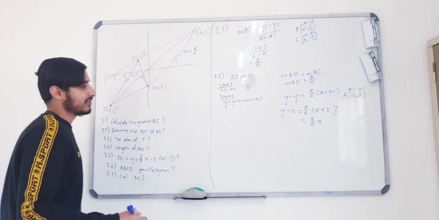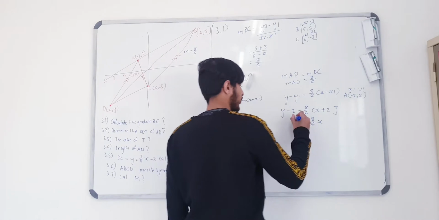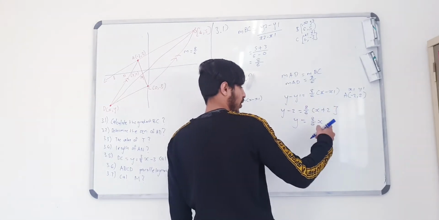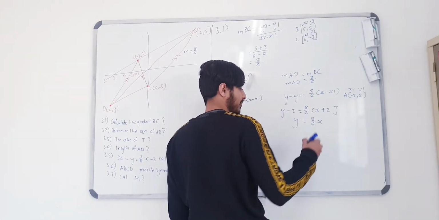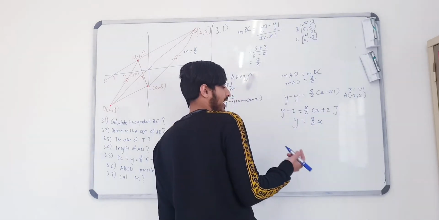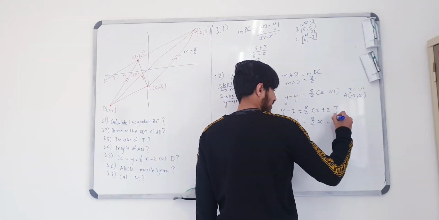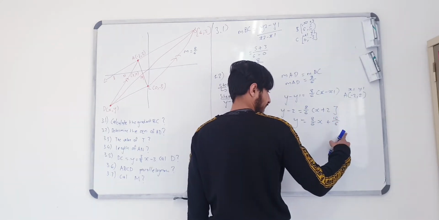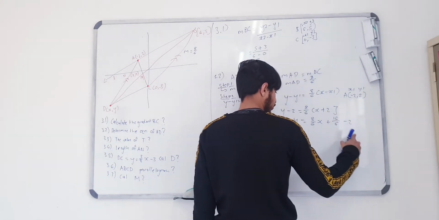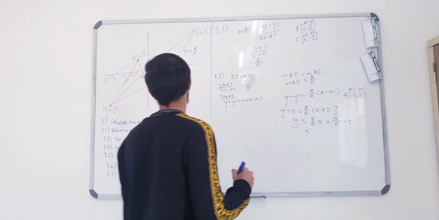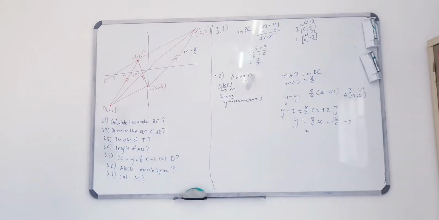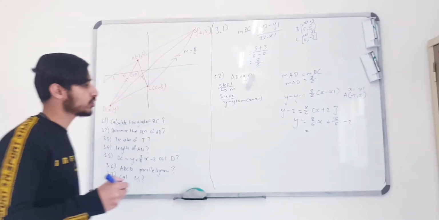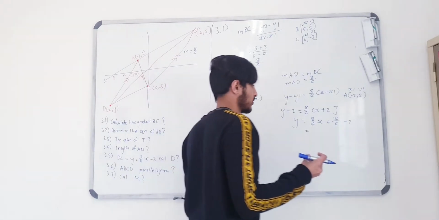Then we take that 2 over, so 8 over 6 multiplied by 2 is 8 times 2 is 16, so positive 16 over 6 minus 2, which will give us 6, 12, 18.